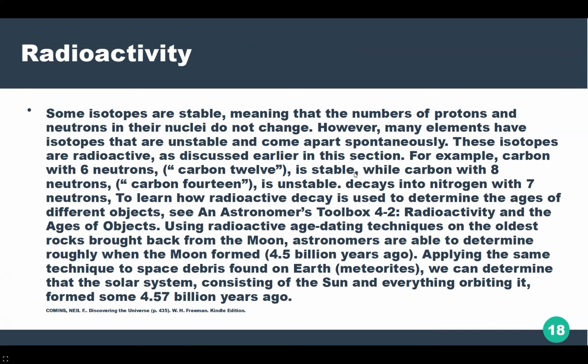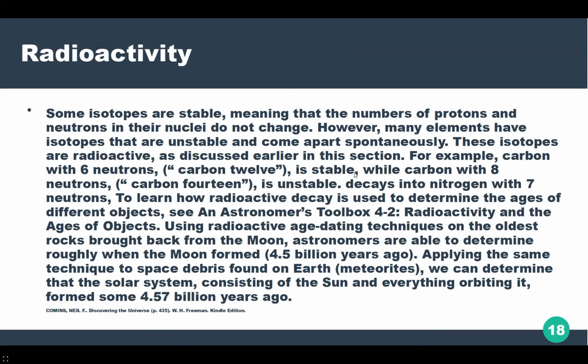with 7 neutrons. To learn how radioactive decay is used to determine the ages of different objects, you can look in the book for Astronomer's Toolbox 4.2, Radioactivity and the Ages of Objects, but the idea is that there is a constant which relates how long it takes for a nucleus to decay on average.